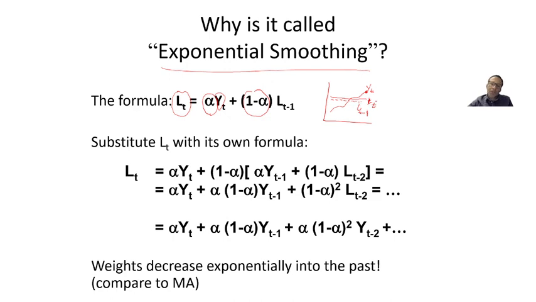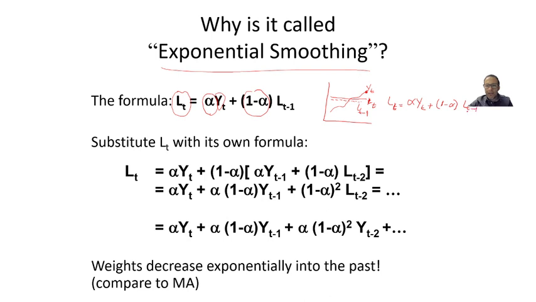Therefore this L_t, the level in time t, equals a coefficient that I call alpha times y_t plus 1 minus alpha times the previous level, L_{t-1}.